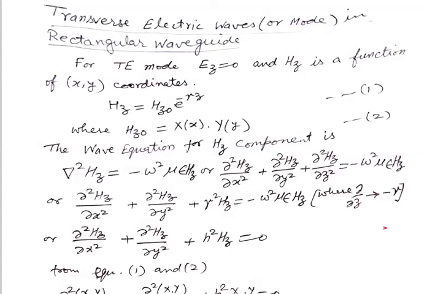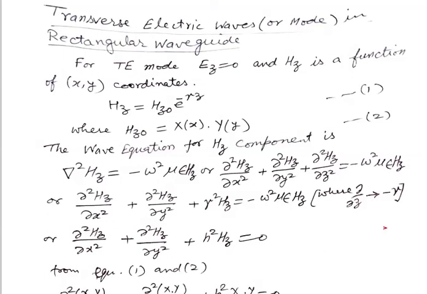x and y coordinates. So the equation for the z component of the magnetic field is shown in equation number 1, which is given by Hz equal to Hz0 e raised to the power minus gamma z.